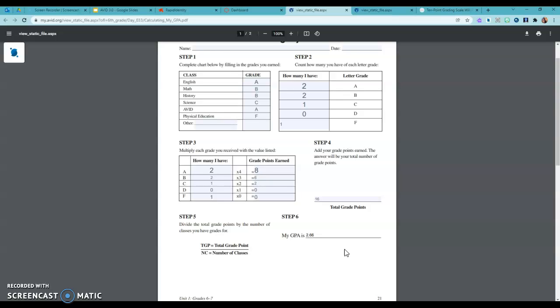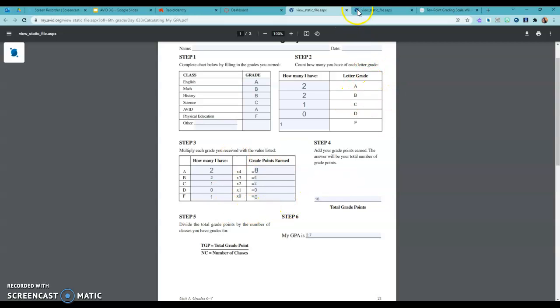If you have a 5 or higher, it raises the first decimal up. If it is a 4 or lower, it stays the same. If this was a 3, this would stay as a 2.6, but since it is 2.66, it's going to raise up to a 2.7, and that is how you calculate your GPA.